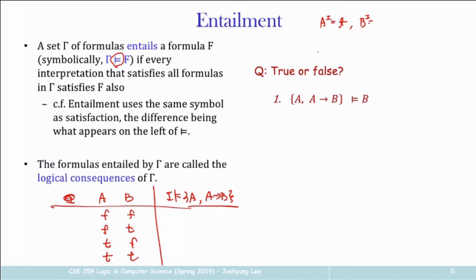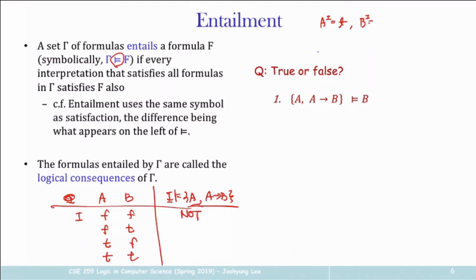This is the interpretation I. Does this satisfy this set? Does I satisfy A? False, false. Does it satisfy these two formulas in gamma? No. So this is false.